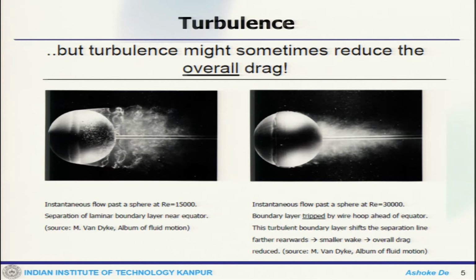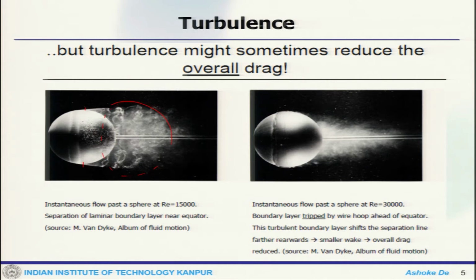Now, if you look at it, on one hand, when things are turbulent, that sometimes reduces the overall drag. This is the picture that we looked at earlier also. This is Re equals 15,000. You see the boundary layer which separates near this point. This is a separation point.